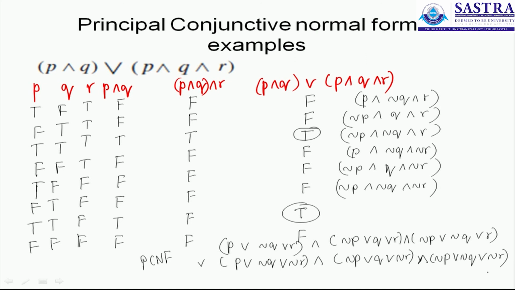These 6 terms are what will form the required PCNF. These 6 terms which correspond to the terms from the given truth table will form the PCNF.